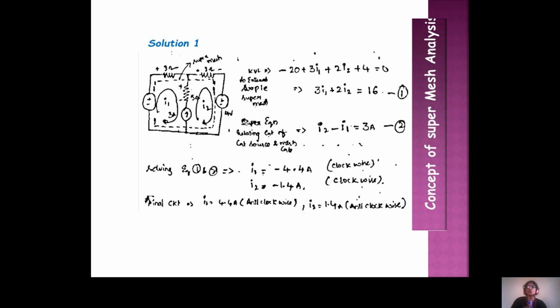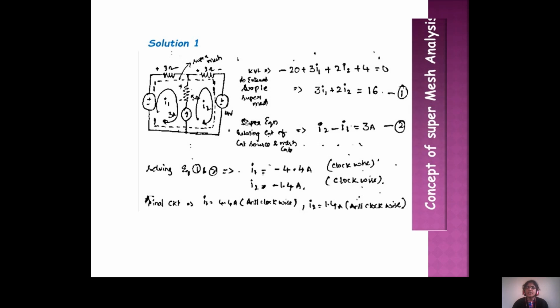When you solve these two equations, you get I1 equal to minus 4.4 amps and I2 equal to minus 1.4 amps. So when there is a current source in the path, you consider a super mesh. When there is a voltage source between nodes, you consider a super node.